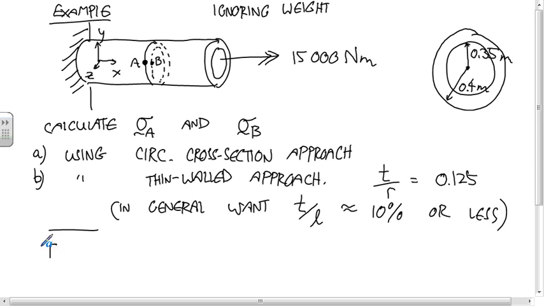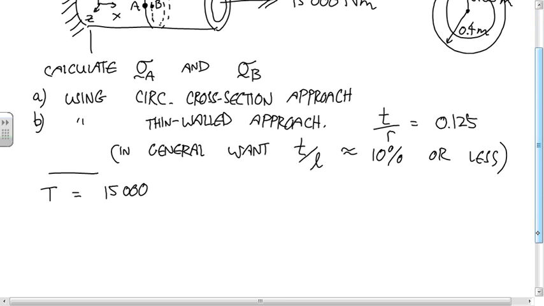Okay, so the torsion is equal to 15,000. And is it positive or negative? Well, it's positive on the right side, but I never even really defined positive or negative because it doesn't matter. Remember, our directions are all going to come from thinking about the deformation of that rectangle, remember? So we're going to use it as positive, and besides that, we don't really care.